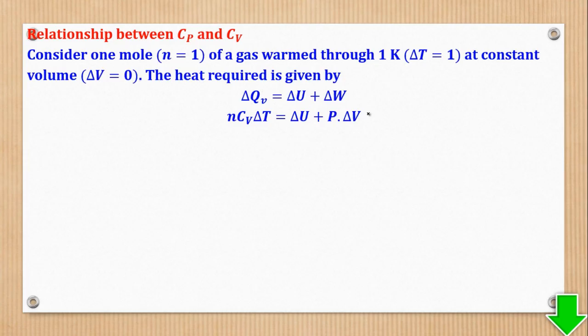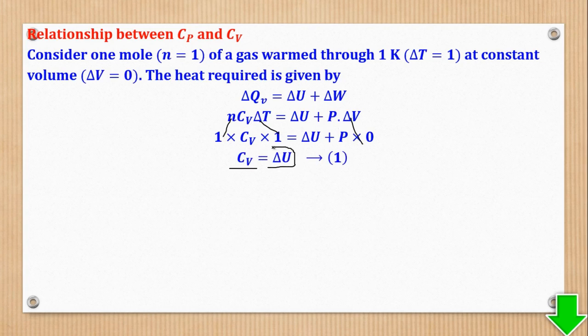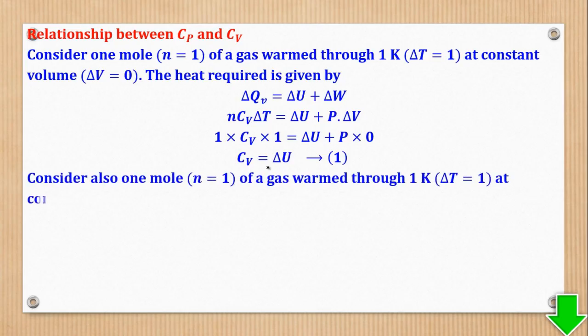When we remember that, we substitute for n, delta T, and delta V. Then you remain with Cv equal to delta U. Remember, delta U is internal energy. That was when volume is constant.